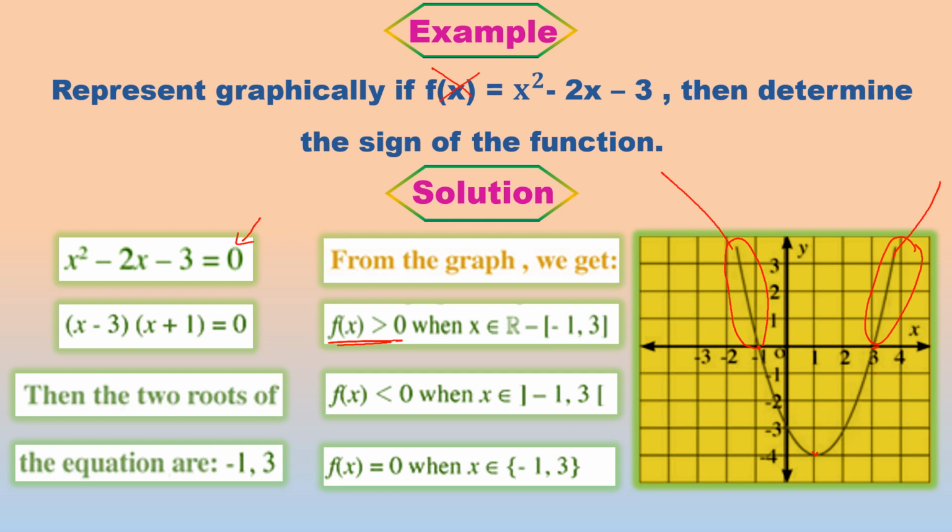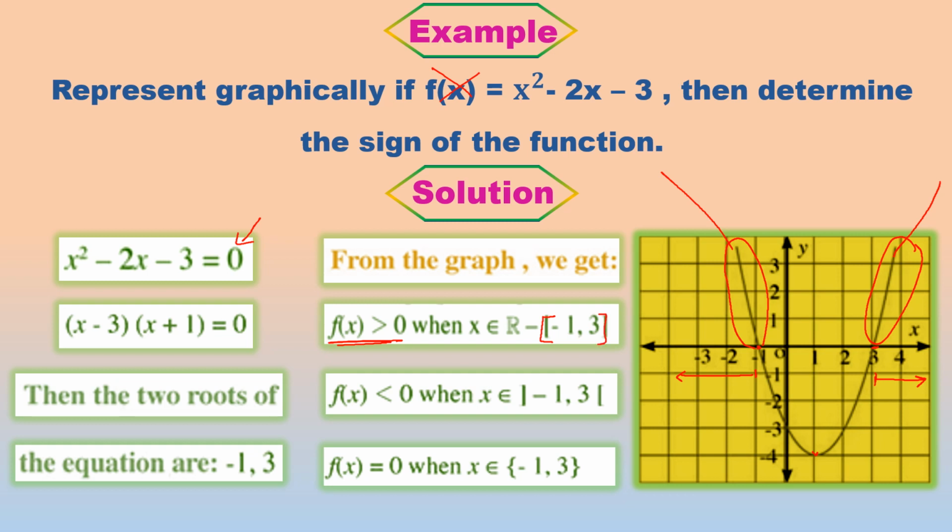All the numbers from 3 and more to infinity are positive, and from negative 1 and less to negative infinity are positive. So the answer is R without the interval from negative 1 to 3.